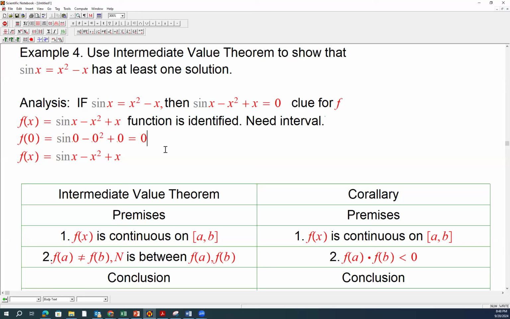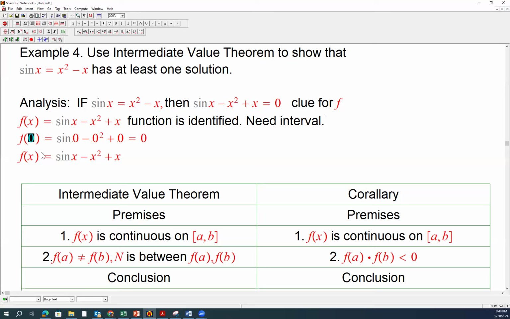Why is that not going to work? Because the next number is either positive or negative, so the capital N cannot be 0. If we want to use a corollary and solve this equation, we cannot choose 0, even though 0 makes it so much easier.